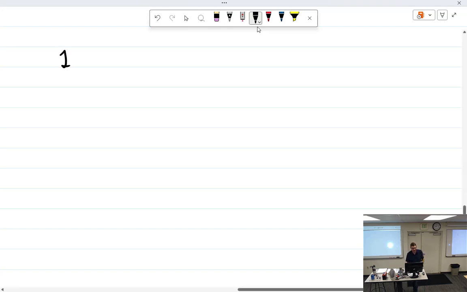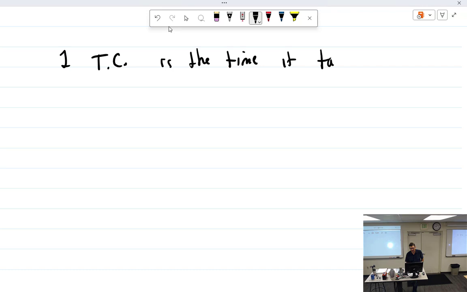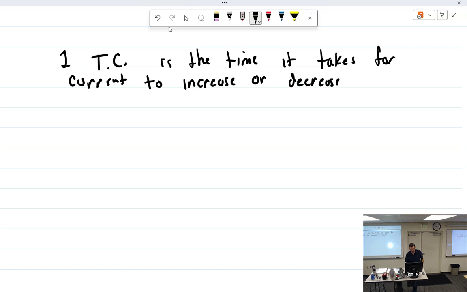So I'm going to say TC, time constant, so I can save time. 1 time constant is the time it takes for current to increase or decrease to 63.2% of the previous value.